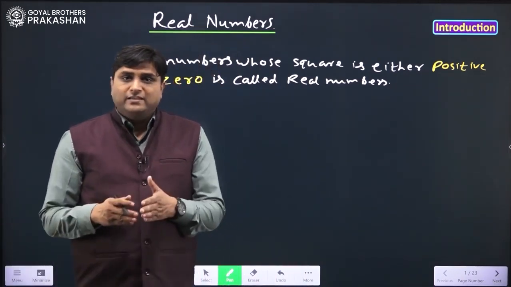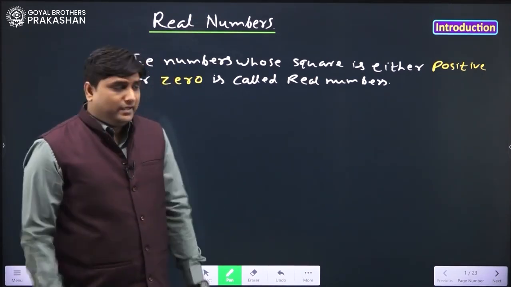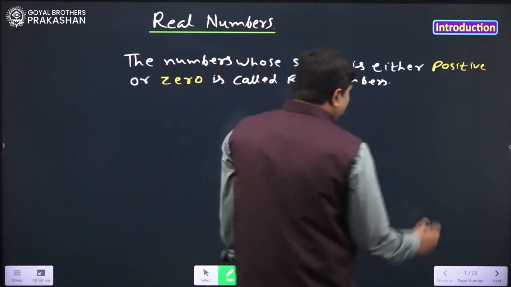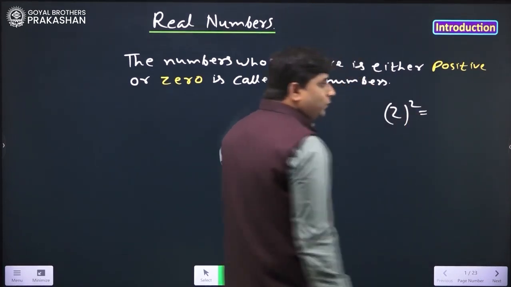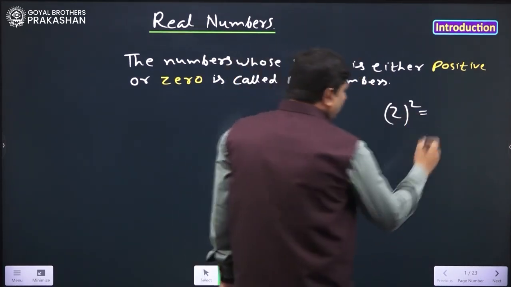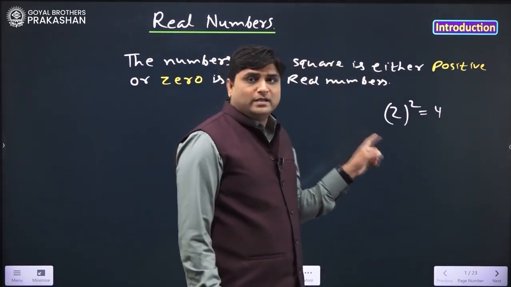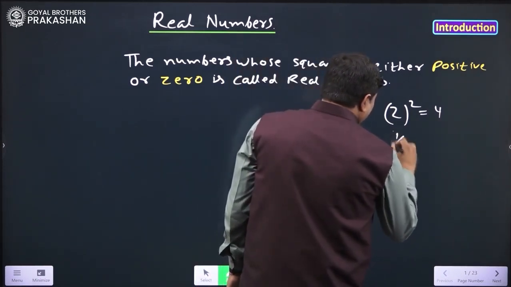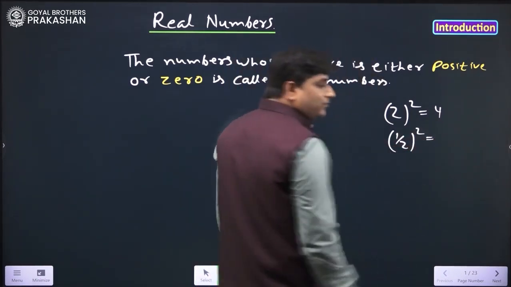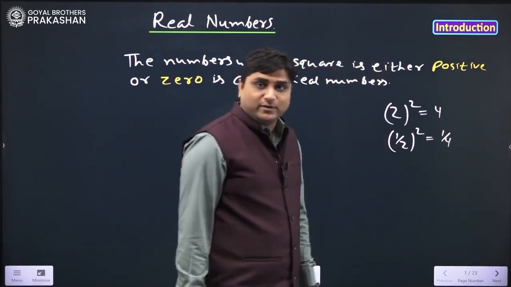So when we find the square of a number and find it either positive or zero, then it is a real number. For example, the square of 2 is 4, is it positive? Yes, it means 2 is a real number. The square of 1 by 2 is 1 by 4, is it positive?